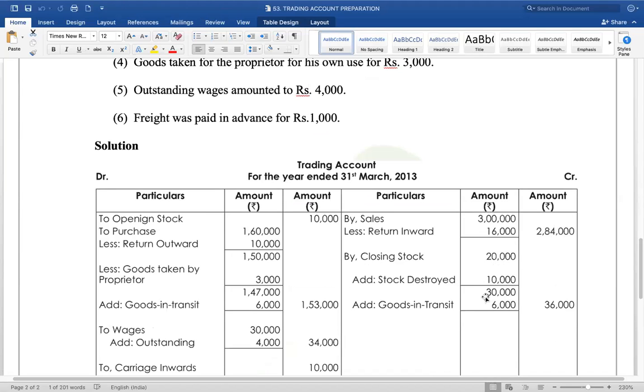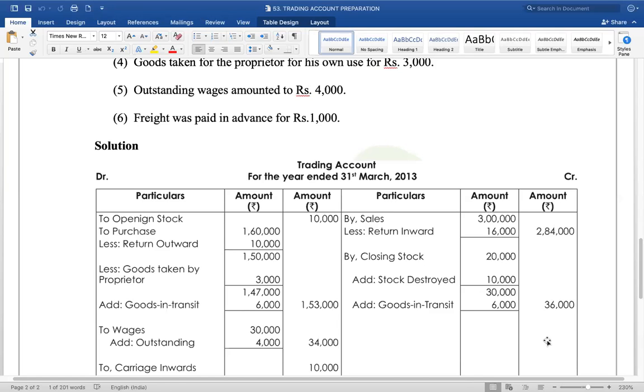So the total amount comes to 30,000. To this 30,000, 6,000 worth of material is yet to come to the godown. So the total worth of the closing stock is 36,000.